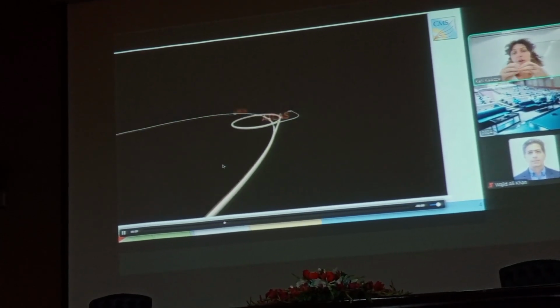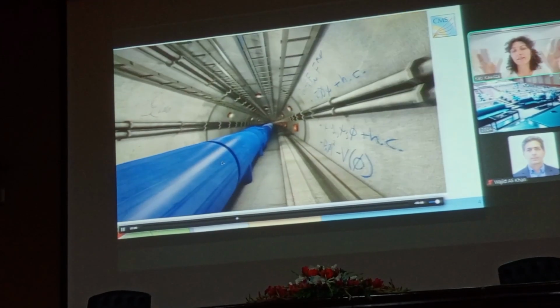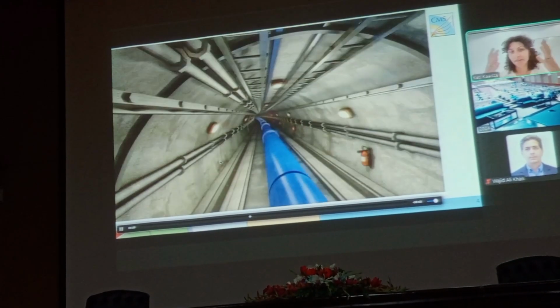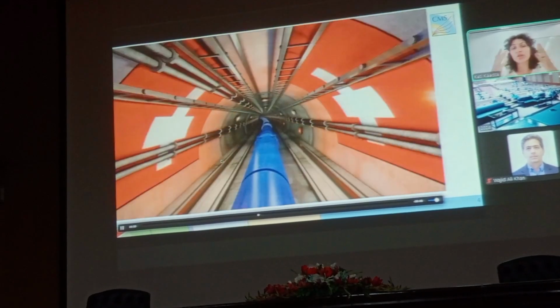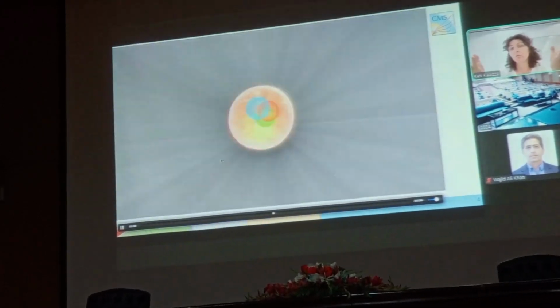And the purpose of these detectors is, of course, to really detect all the particles that are produced in the collisions, and then identify what those particles are, and most importantly, then identify where these particles come from.